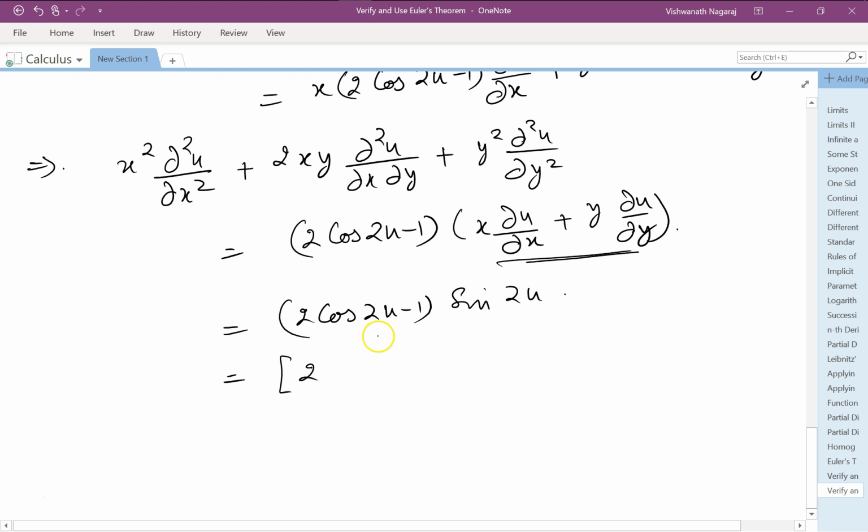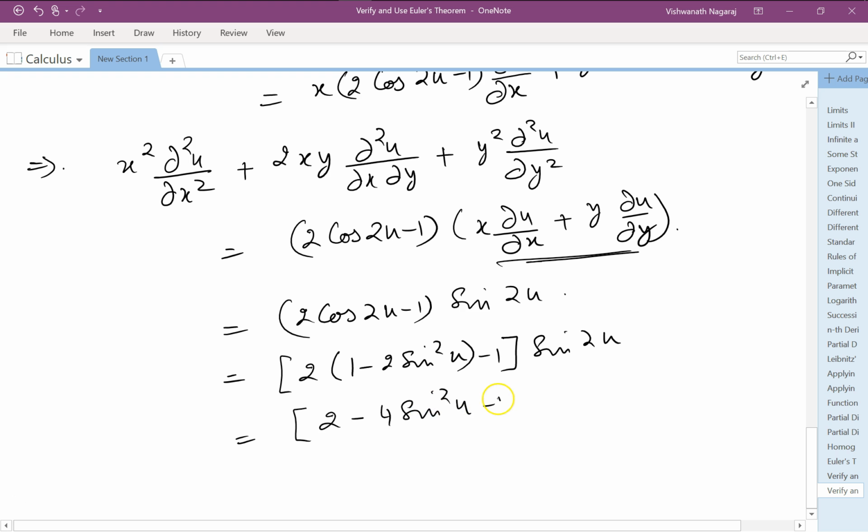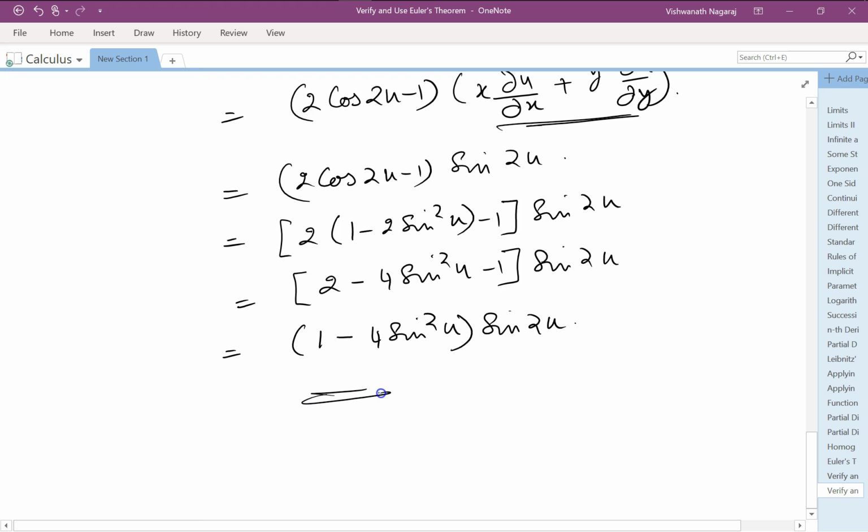So 2 cos 2u can be written as 2 times 1 minus 2 sine square u minus 1 sine 2u, which is 2 minus 4 sine square u minus 1 sine 2u. 2 minus 1 is 1. So 1 minus 4 sine square u times sine 2u, which is what we have to show.